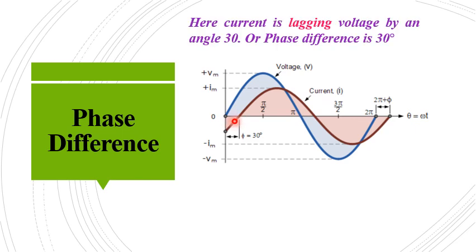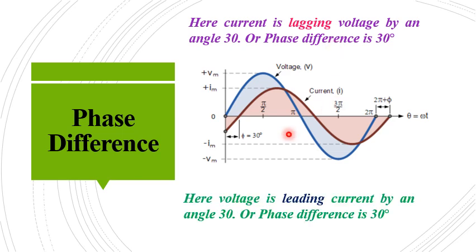Here we can say that the current is lagging the voltage by 30 degrees, because first the voltage becomes 0, then after 30 degrees the current becomes 0. So the current is lagging the voltage, that is, delayed by an angle of 30 degrees, or the phase difference is 30 degrees. In other words, we can say that voltage is ahead of current, right?